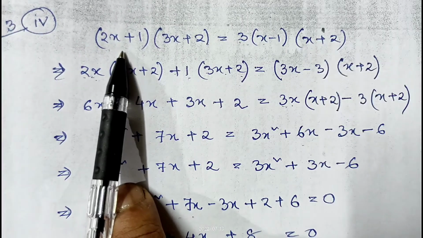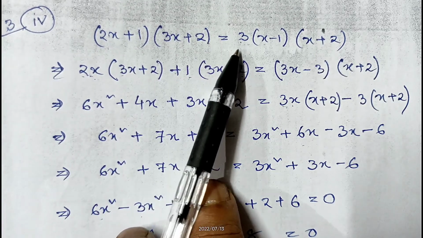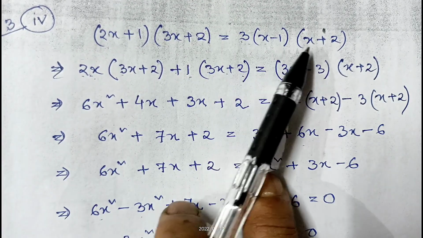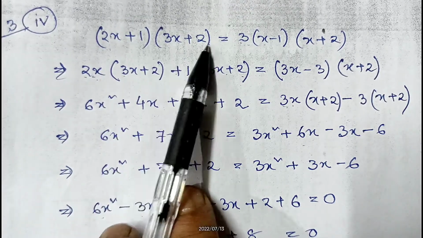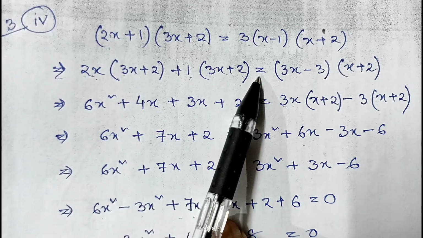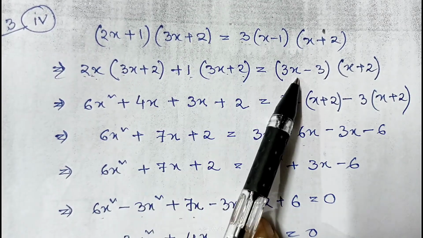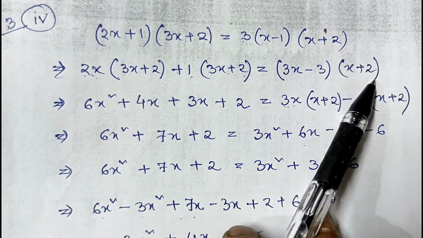In fourth part of question number 3, it is given 2x plus 1 into 3x plus 2 equal to thrice x minus 1 into x plus 2. Here we can multiply twice x into 3x plus 2 plus 1 into 3x plus 2 equals to 3 into x, 3x, 3 into 1 minus 3. Here it is x plus 2.